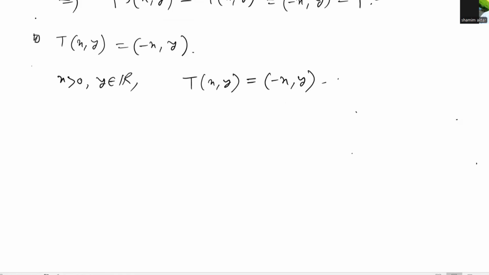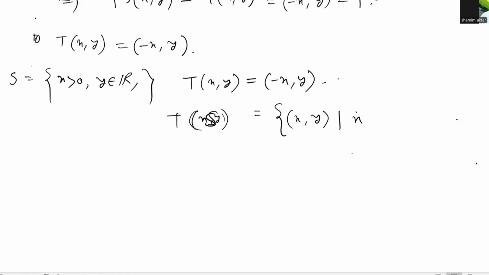So the set S, T of S, is the set of all (x, y) such that x is less than 0 and y belongs to R, arbitrary. And this is S1.